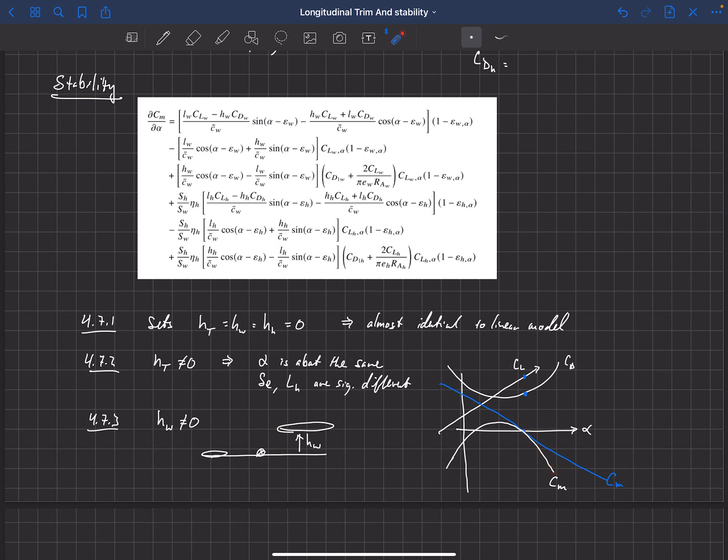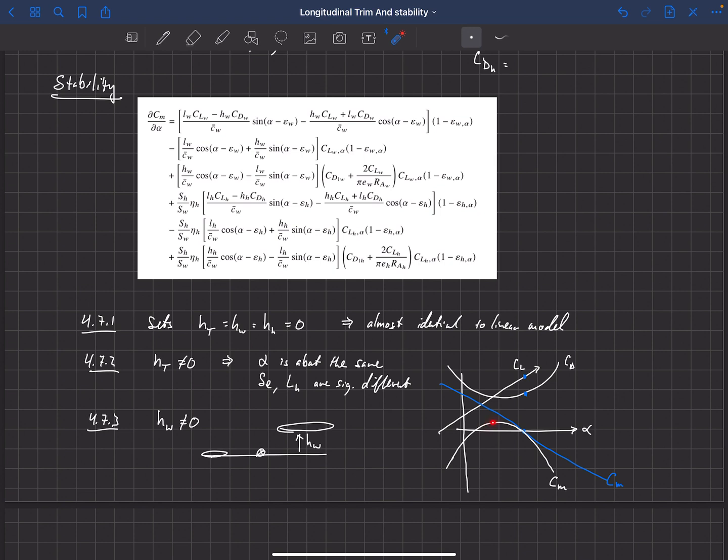The problem is when we go past this point here. So you might be thinking, no, this is the point where we're going to have problems. Actually not. If we get an angle of attack that bumps us clear down into this region, then we still have a restoring moment.